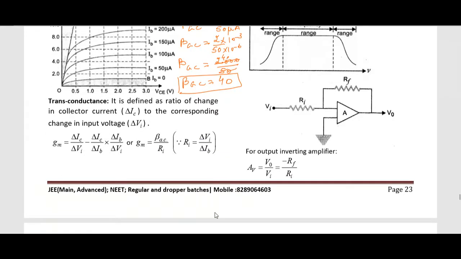Next is transconductance. It is the ratio of change in collector current to the corresponding change in input voltage. So this is transconductance. It's a very important factor: how much output current depends upon input voltage.